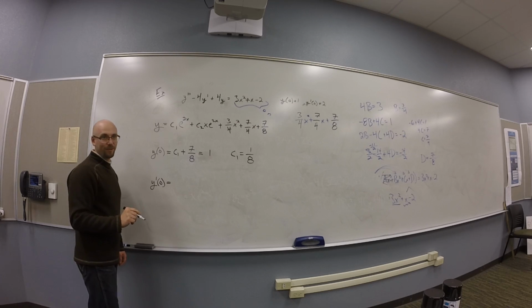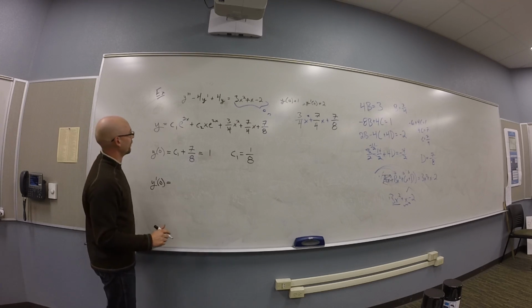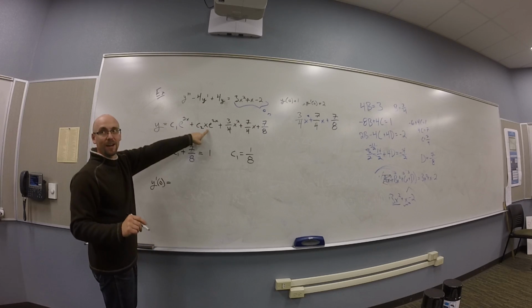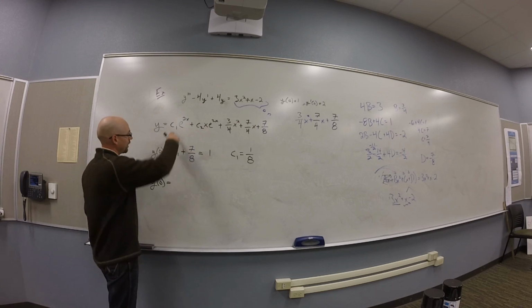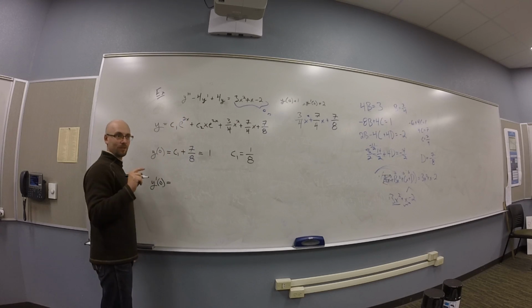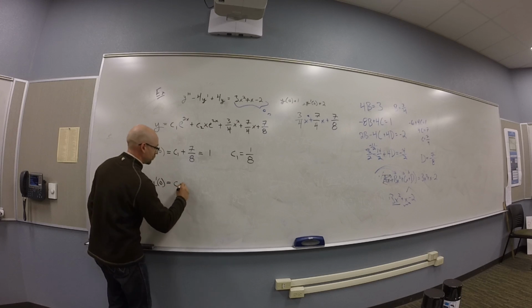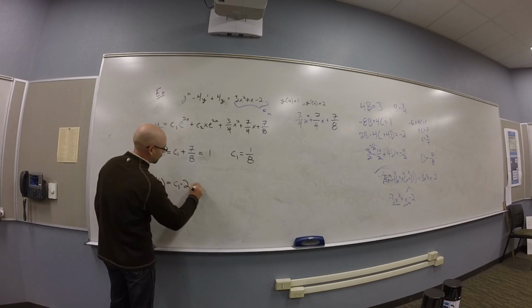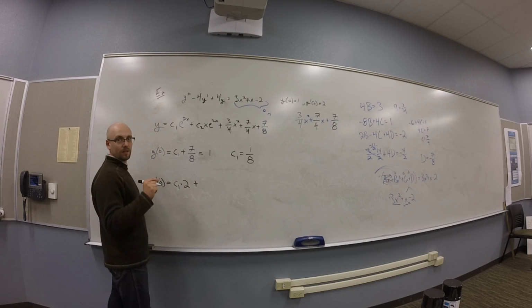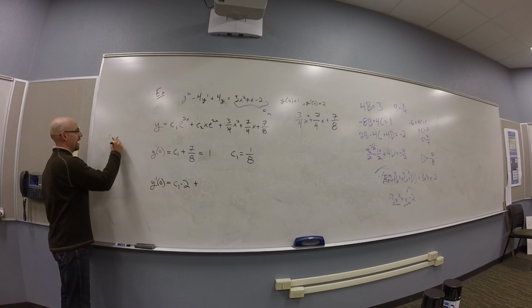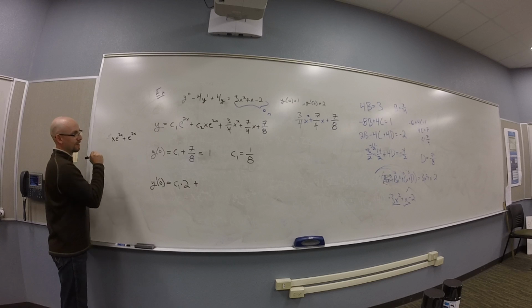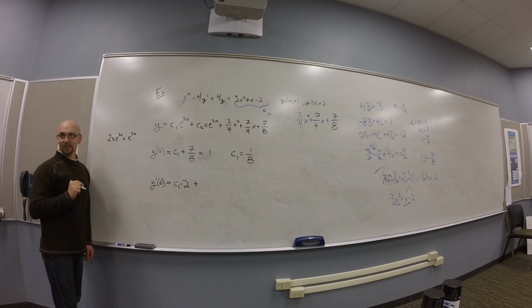Well, it's not that bad. I got a product rule right here, yeah? So here I got C1 times 2, 2 e to the 0 is 1, plus 2x e to the 2x plus e to the 2x times C2.